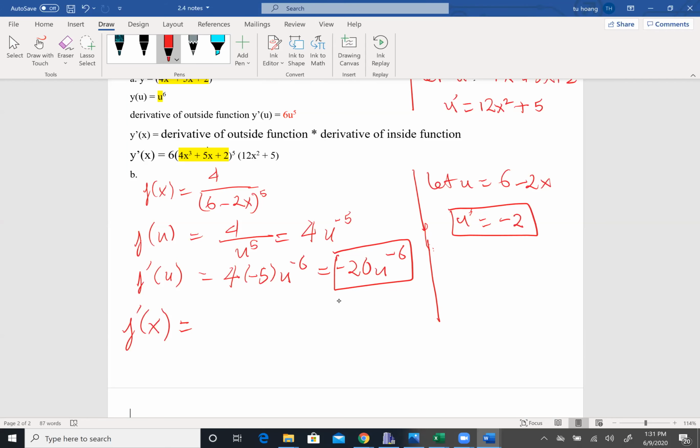Let me write it as derivative of outside and then derivative of inside. So I'm going to keep using derivative of outside multiplied by derivative of inside. So the outside is negative 20 u. Now I change u to be a function of x. So u is 6 minus 2x.